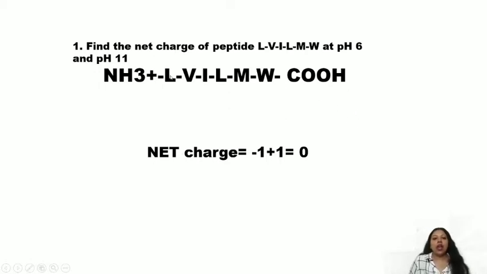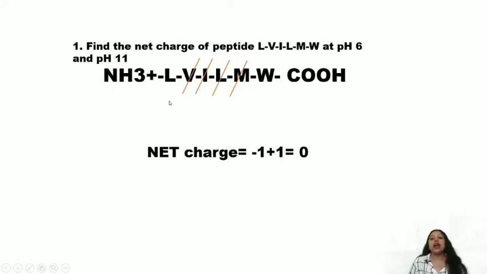Now the second and most crucial point is that you need to cross out those amino acids whose side chain does not take part in ionization or protonation. These are valine, isoleucine, leucine and methionine. Now you will ask why I have not crossed out the leucine which is on the terminal end.